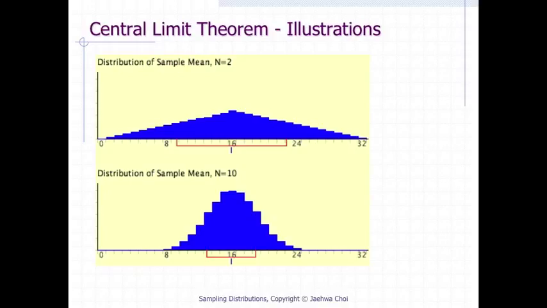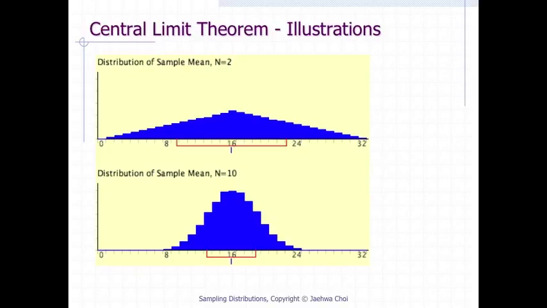Here is an example from the central limit theorem demo. You may have already seen that yourself. This figure shows the results of the situation for n equals 2 and n equals 10. The parent population was a uniform distribution. You can see that the distribution for n equals 2 is far from a normal distribution.